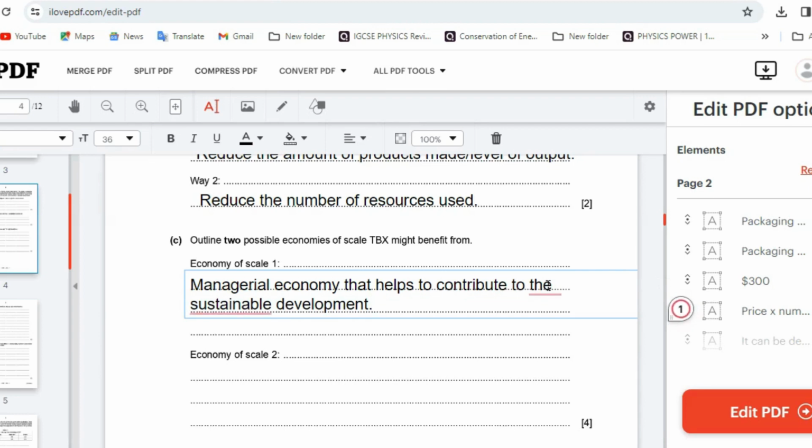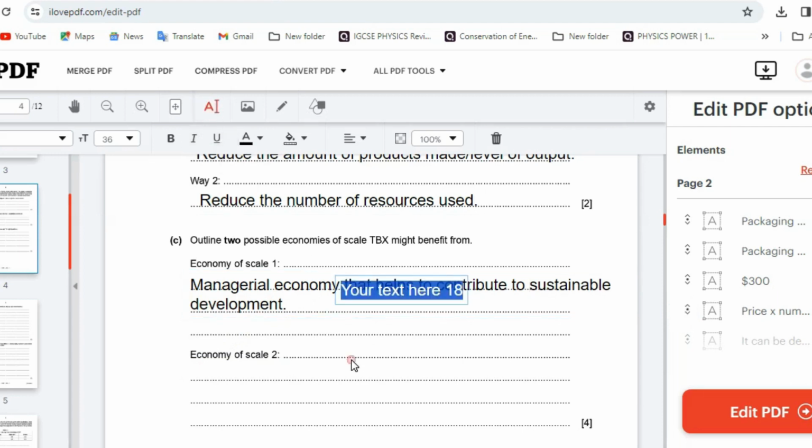Another one is the financial economy of scale. What does financial economy do?